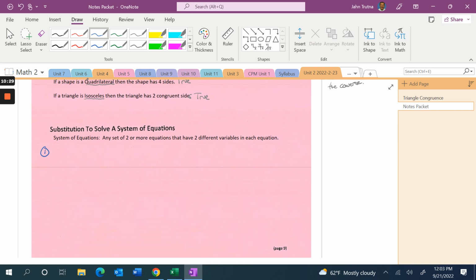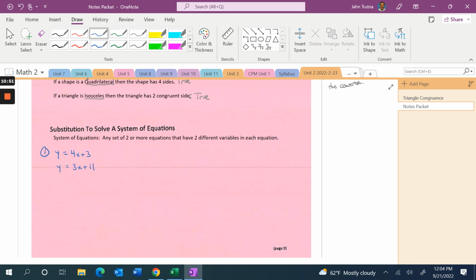Here's the first example right here. y = 4x + 3 and y = 3x + 11. Number one, notice how many equations do I have?